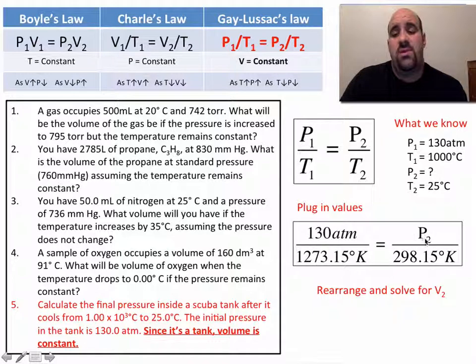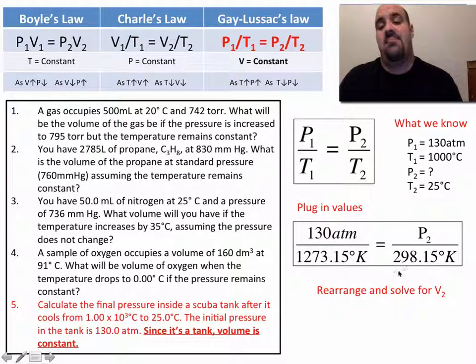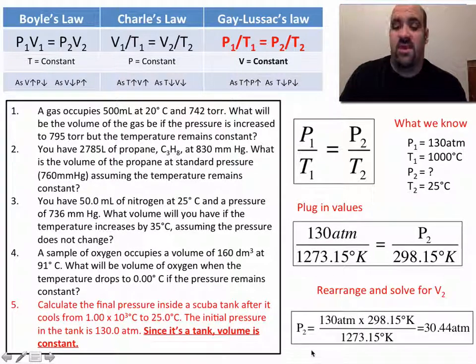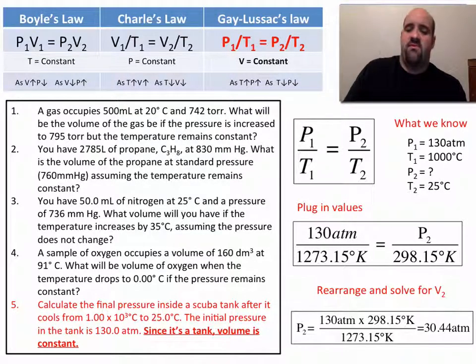P2 we don't know, but we know that the temperature cools to 25 degrees Celsius, or that's 298.15 Kelvin. And again, you solve for P2 by multiplying this side by 298.15 and multiplying this side by 298.15, just like you would solve for an X in math class. And you end up with 30.44.